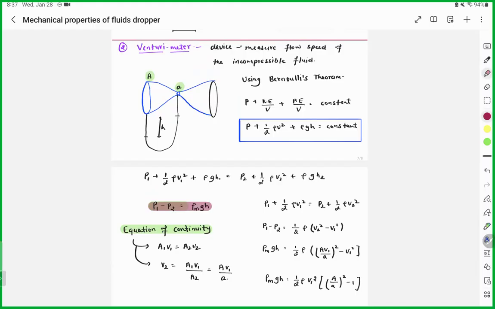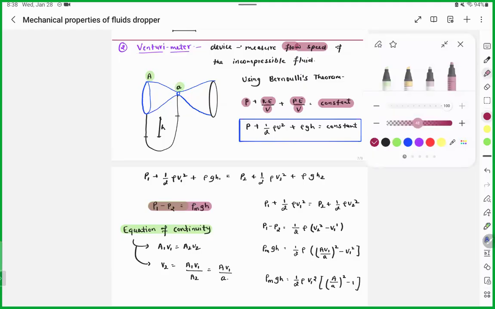So this is what we started from today. Venturimeter is a device that measures the flow speed of the fluid. If you apply Bernoulli's theorem, which says that pressure plus kinetic energy per unit volume plus potential energy per unit volume will be constant. In this case, we are considering the pressure difference is equal to rho g h, but with rho average. That's why we are considering only two parts.